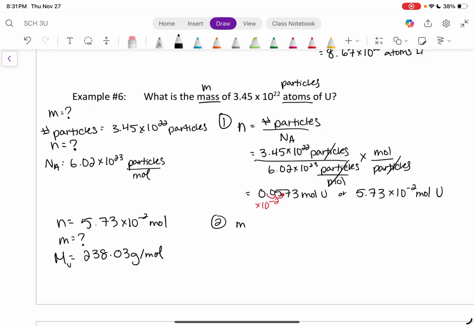So when I'm solving for mass equals N times big M equals 5.73 times 10 to the negative 2 mole times 238.03 grams per mole. My moles cancel out, and I am left with 13.6 grams of uranium.